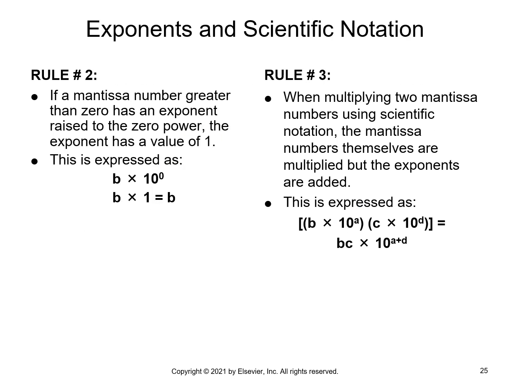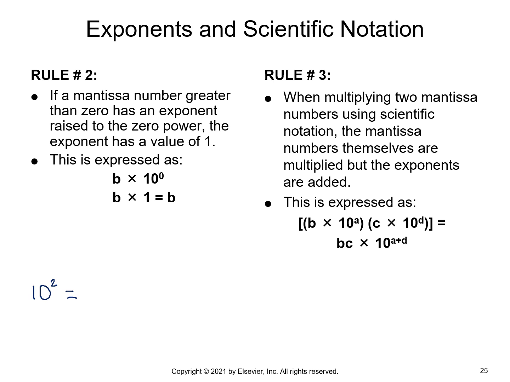If a mantissa number greater than 0 has an exponent raised to the 0 power, the exponent has a value of 1. So when we talk about 10 raised to a power when we're simplifying numbers, we talk about that power being 10 times itself.